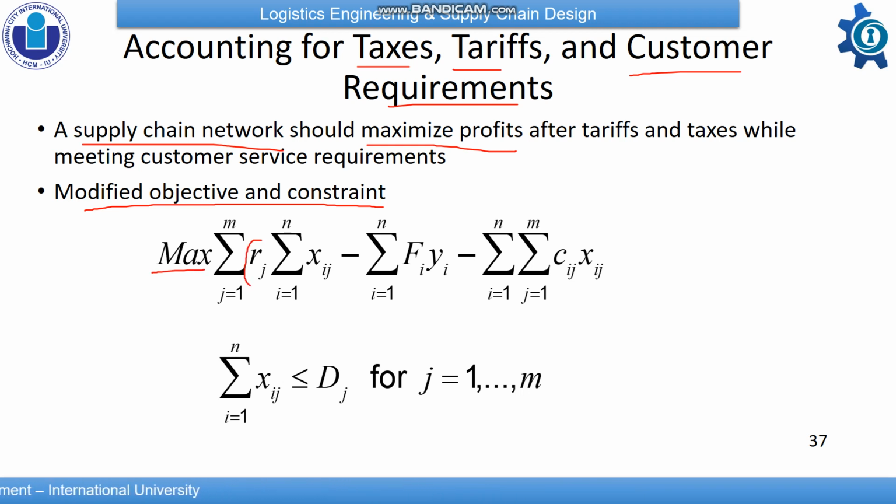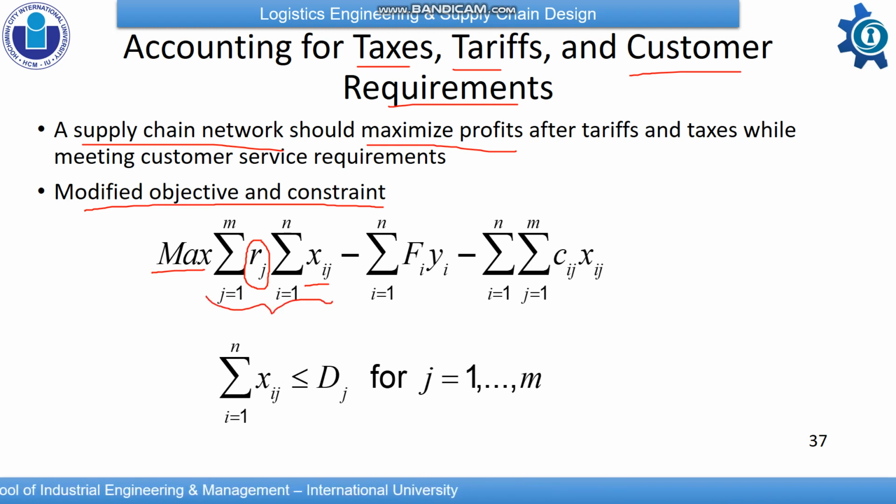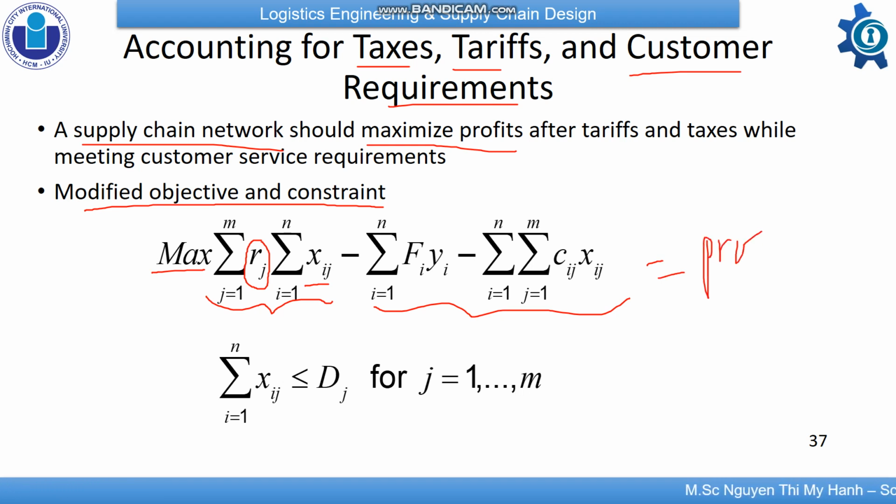So RJ is the revenue they get after they deliver one unit of products. So here is the total revenue and here is the total cost. So the total revenue minus the total cost, we will have their profit. So our main objective is to maximize the total profit.